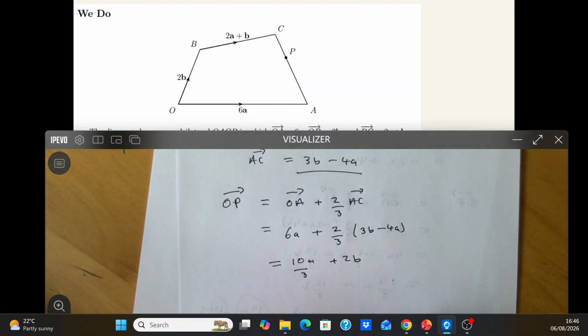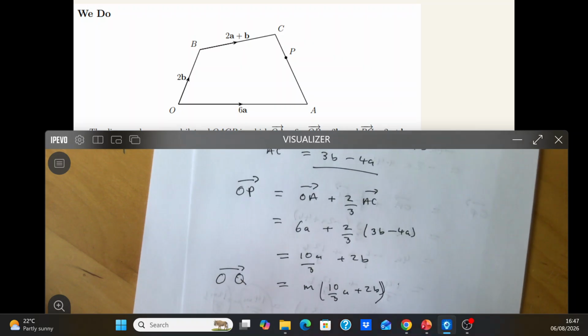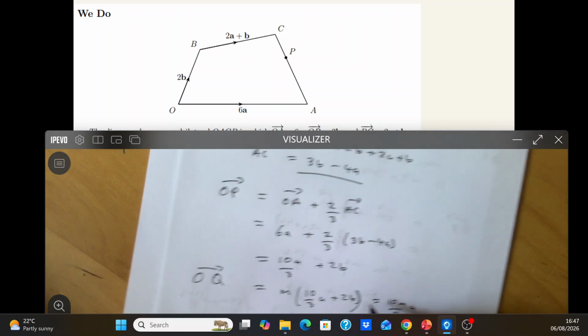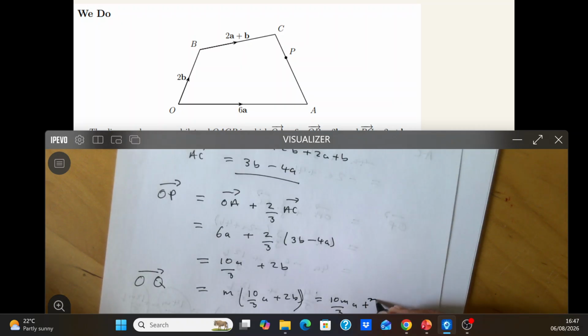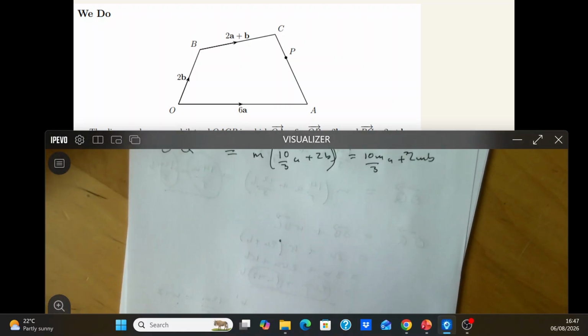You should have that for OP. You actually want O to Q, so you know it's going to be what? Pick your value to be your multiple. Right, that's that one done.